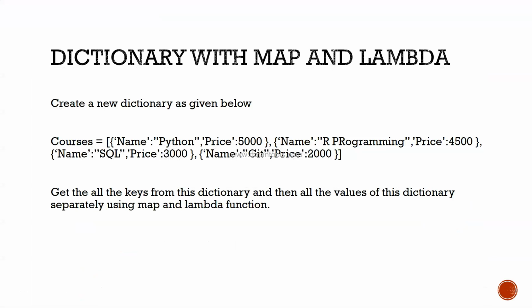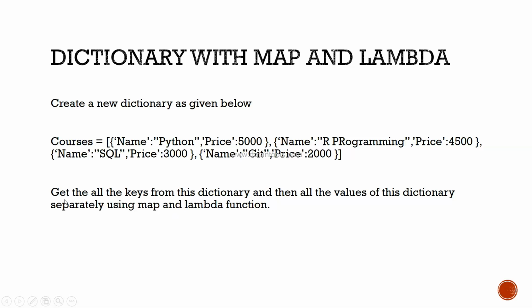Okay, quiz time. Dictionary with map and lambda function. You need to create a new dictionary first of all, like it has been given below here. You need to create a courses dictionary, or courses_new if you don't want to overlap with the earlier created dictionary, and this should be your structure.